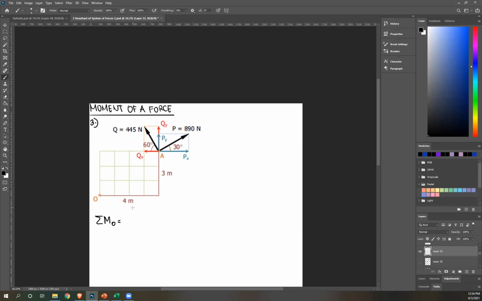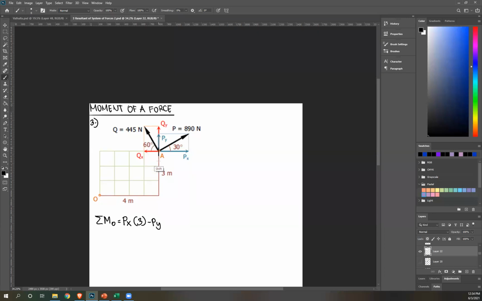Let's start with Px. Px, we can just write Px, rotate it about O. That's clockwise. So positive Px, then multiply it by its perpendicular distance. It's this length to O, and that is equal to 3. So multiply this by 3. Next, let's use Py. This is Py, rotate it about O. That's counterclockwise. So minus Py.